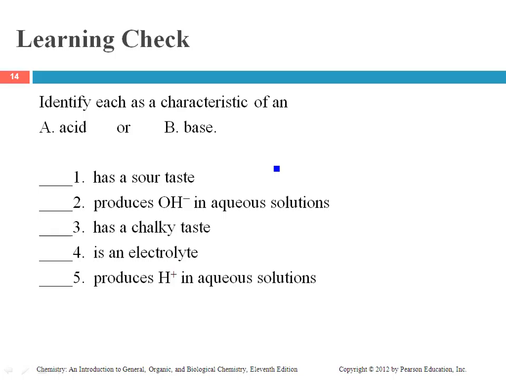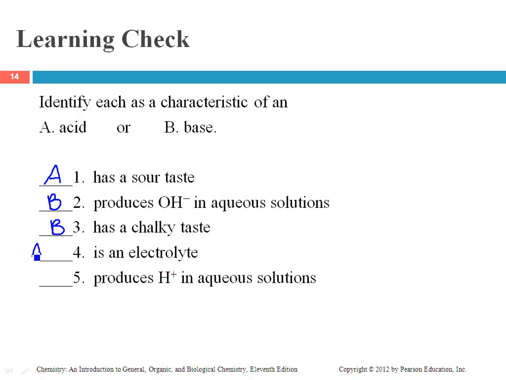Okay, let's go through and just identify some characteristics. For number one, an acid is going to have a sour taste. Bases produce hydroxide. That's their Arrhenius definition, that they produce OH- in aqueous solutions. Bases also have a chalky, kind of bitter taste versus a sour taste.